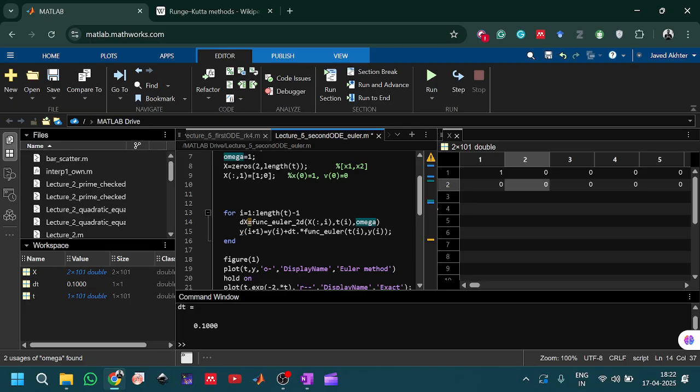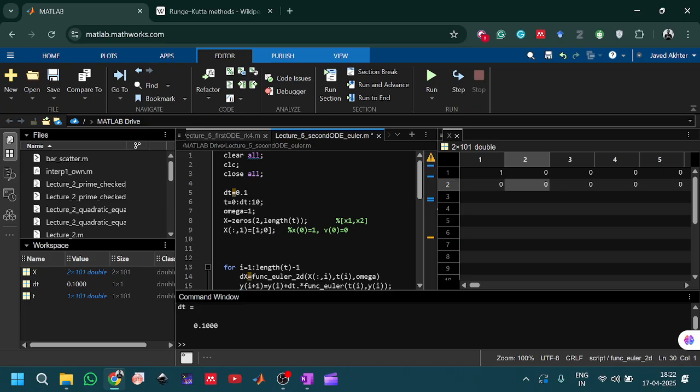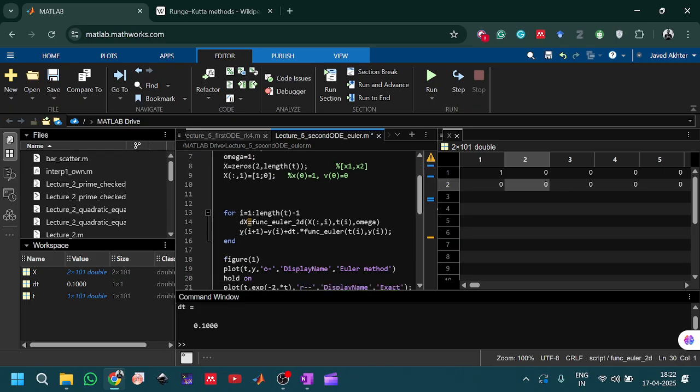So how will this look now? You have to maintain the order t, x, t, and omega. So you will pass it. How will it calculate this? Let me update here. It is x, and I will update along all the rows.